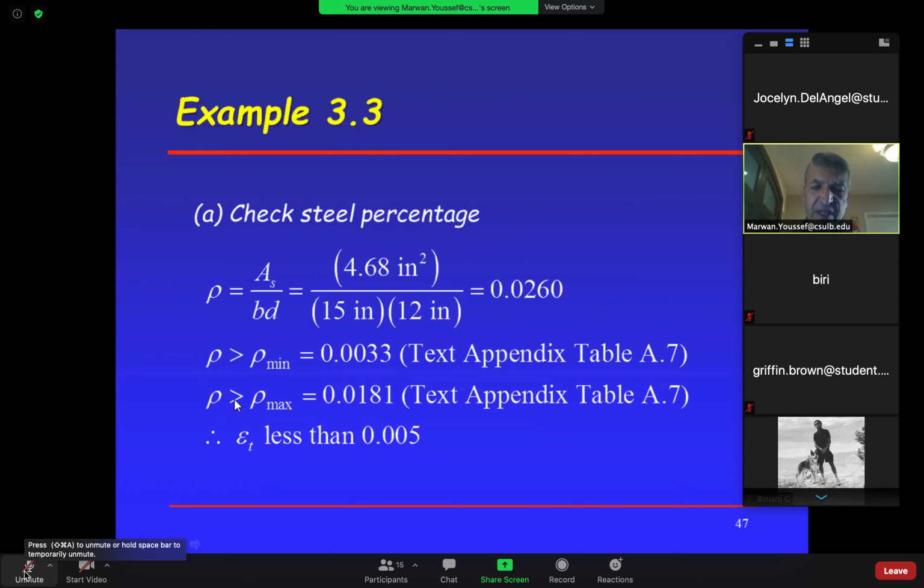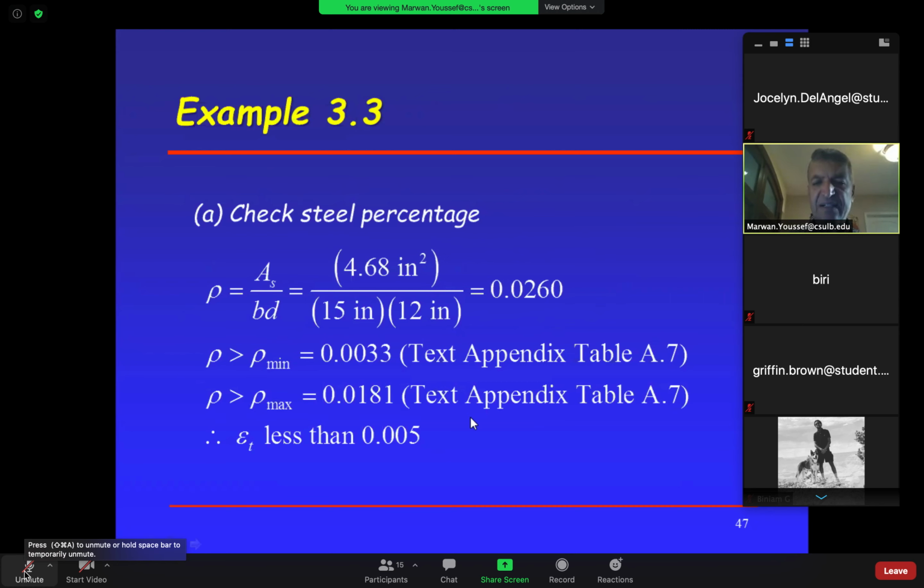Rho maximum, we should be below rho max, right? So look at our rho, 0.02. Look at our rho max, 0.018. We exceeded rho max. See that? We exceeded rho max, so this should raise a flag. But from here, we cannot tell whether it's good or bad yet. You will see, but it should raise a flag.